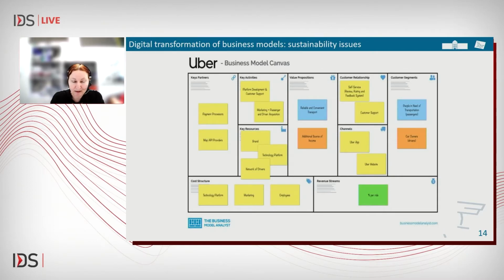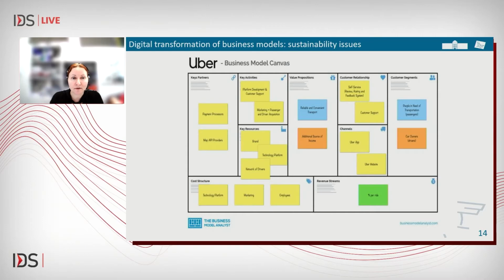If we look at channels, we have two here: the Uber app through cell phone and the Uber website. Besides these two channels, we also have the word-of-mouth channel, this physical channel, and social media could also be a channel.